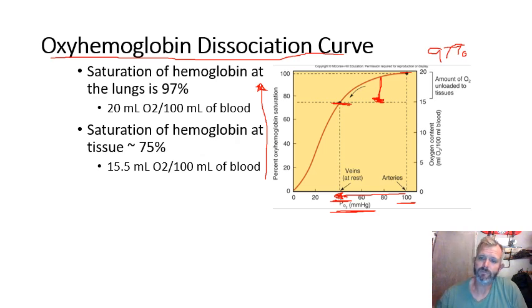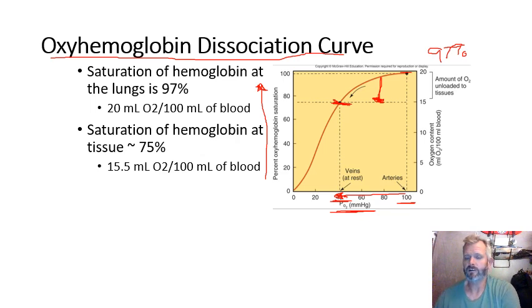So in a normal environment, we're going to drop from 97 to 74, so we drop off about 23% of what was bound to hemoglobin. We release or unload that. Okay, there are some factors that can affect this unloading.